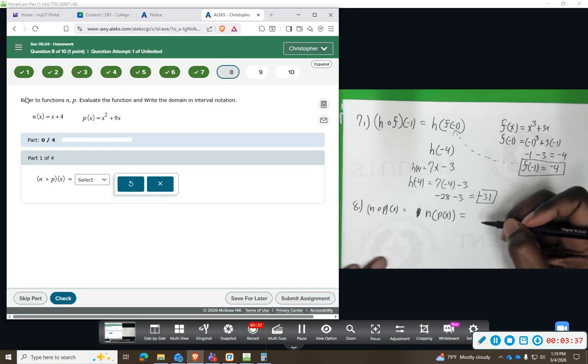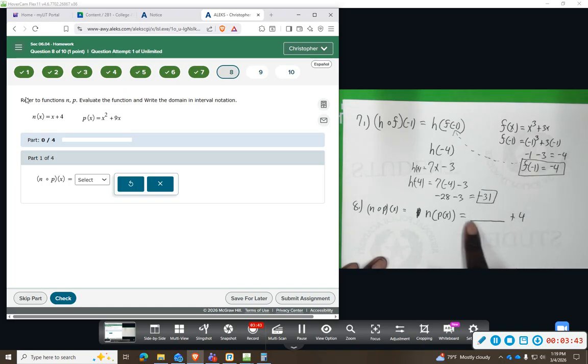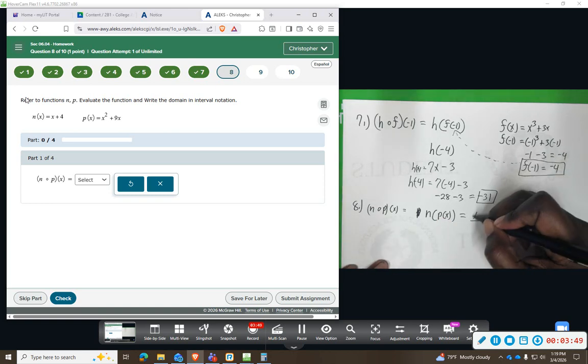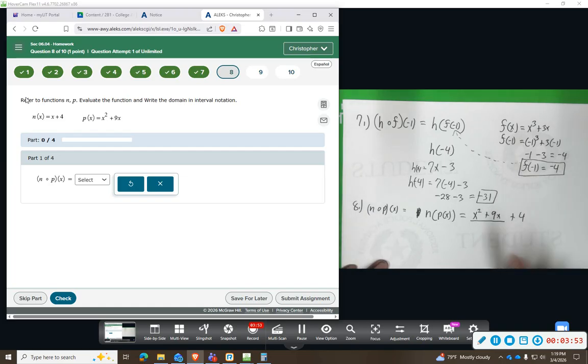So I'm going to start with the n equation, which is x plus 4. In place of the x, we're going to replace the p of x equation. P of x is x squared plus 9x, that is. So here's my n of p of x.